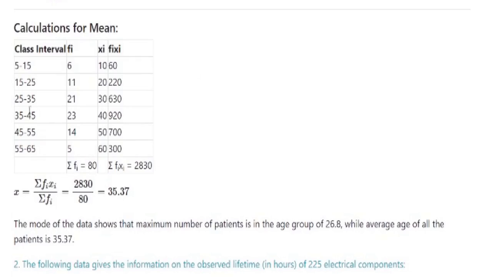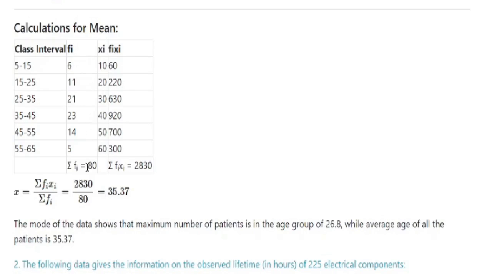Here the class interval is 5 to 15 and the frequency is 6, and xi is 15 plus 5 divided by 2, that is 10. Then fi into xi, 10 into 6, is 60. Second interval 15 to 25: fi is 11, xi is 20. Multiplying fi into xi, you get 220.